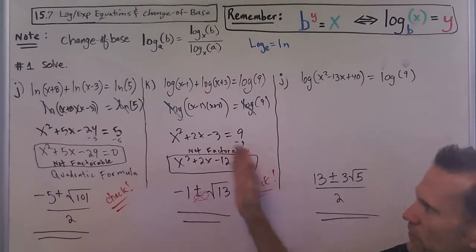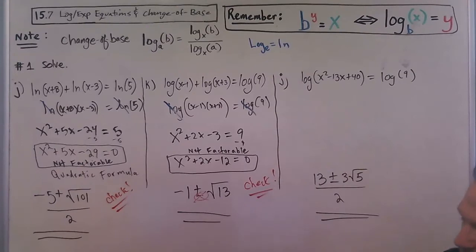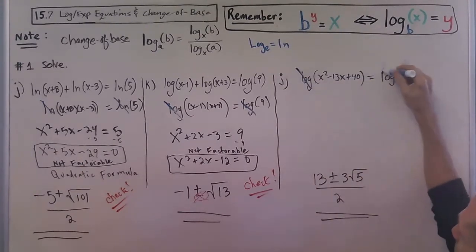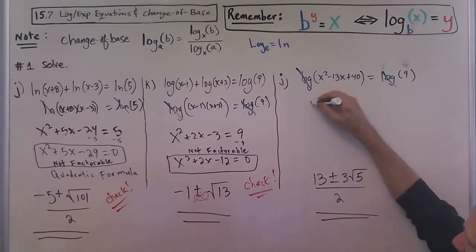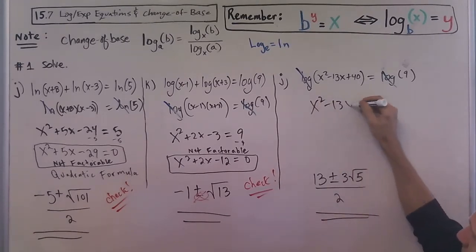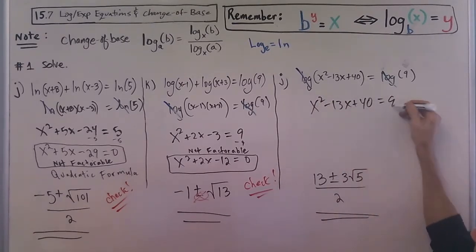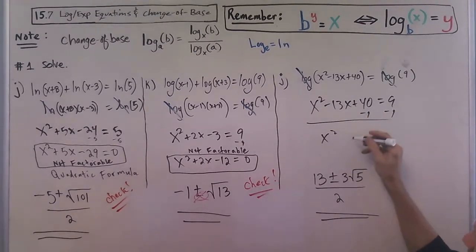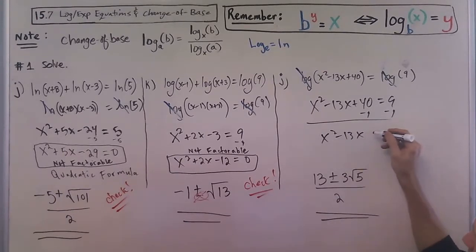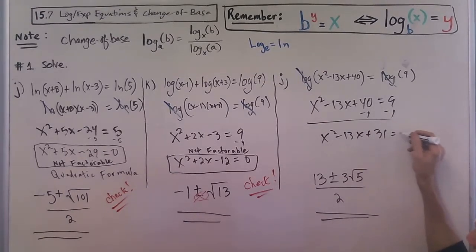It's a little easier than these because this is already set up for us to cancel out the logarithm. And what I have here is x squared minus 13x plus 40 equals 9. Subtract 9, I get x squared minus 13x plus 31 equals 0.